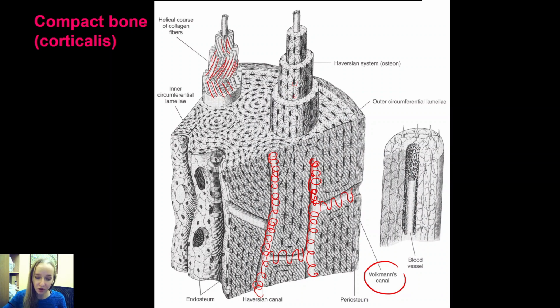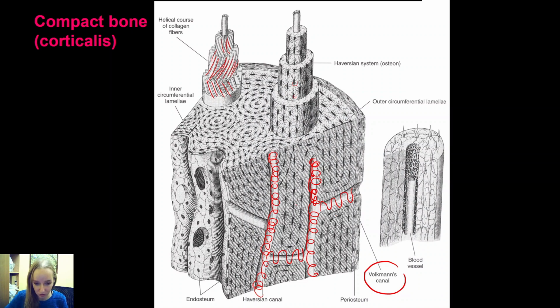There are no concentrically arranged lamellae around Volkmann's canals. There are concentric lamellae organized around the Haversian canals, but they are not organized around the Volkmann's canals.